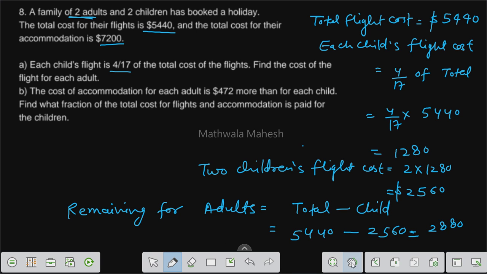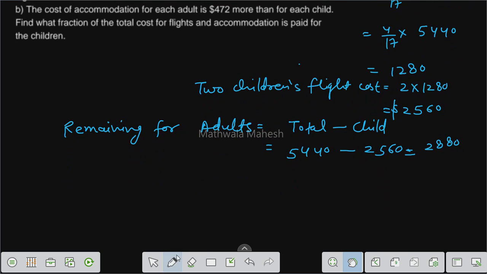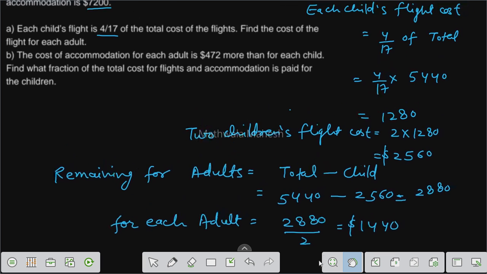Okay, so for one adult, for each adult, the cost is 2880 divided by 2, it is in dollars, $1440. This is the correct answer.